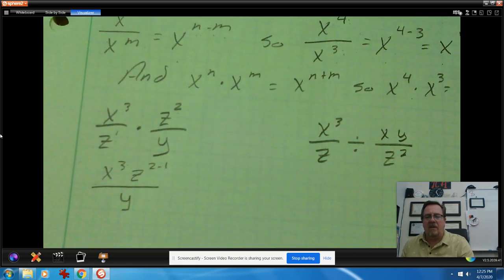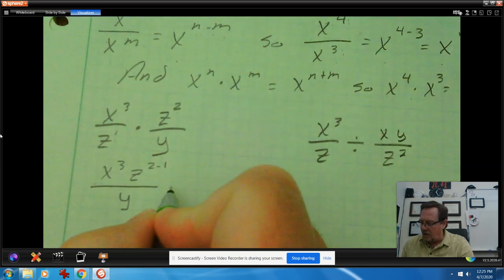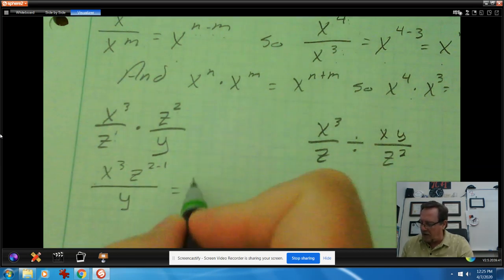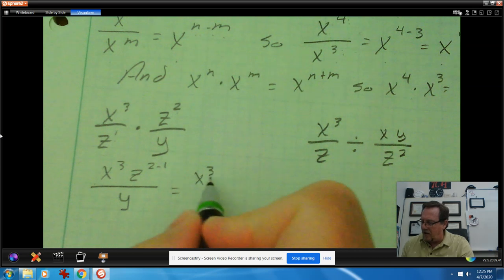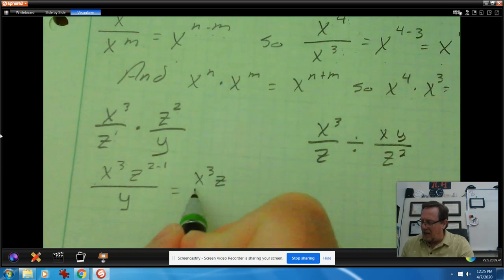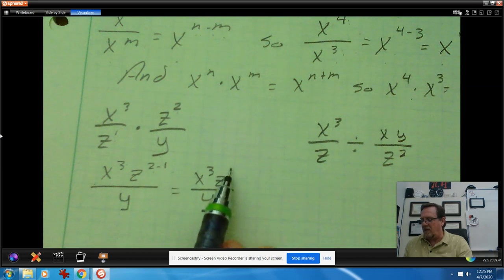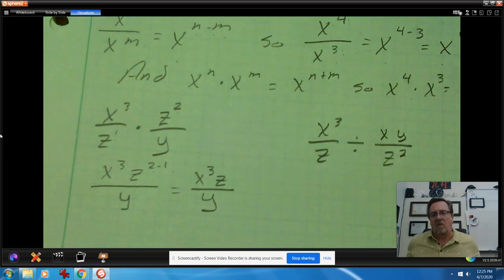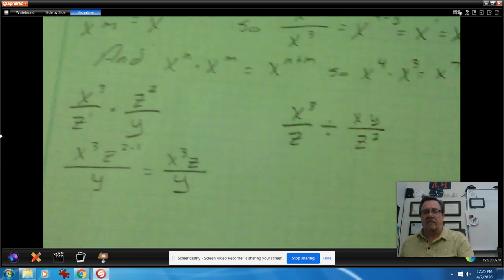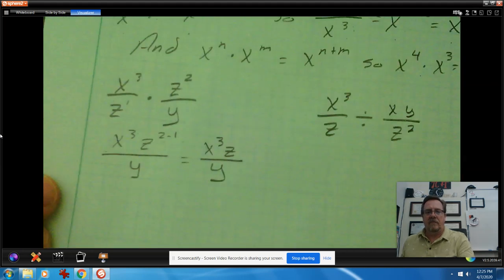So don't get rid of him. He stays there. What is 2 minus 1? Yeah, it's 1. So if I really simplify this out, that's x to the third times z over y, since z to the 2 minus 1 is just z to the first, and we don't have to write 1 when it's an exponent. Make sense?